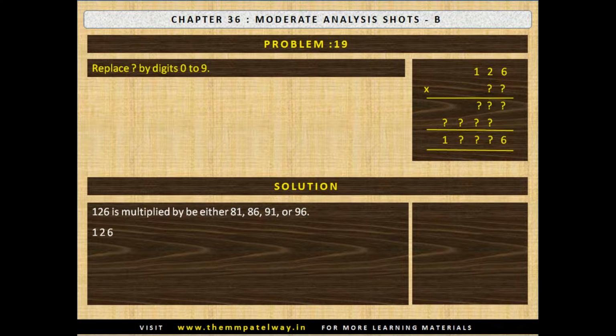Possible answers are 126 into 81 equals 10,206. 126 multiplied by 86 equals 10,836. 126 multiplied by 91 equals 11,466, and 126 multiplied by 96 equals 12,096.